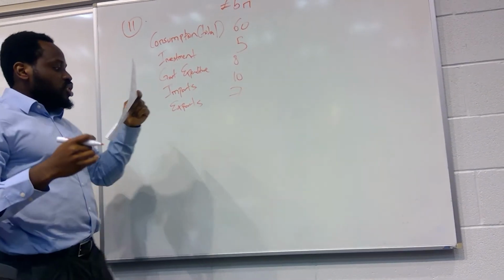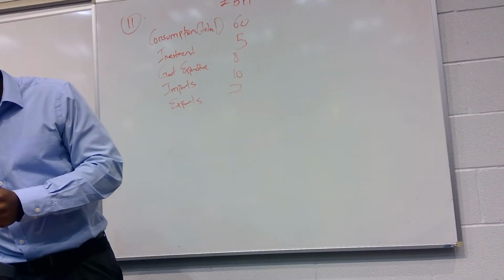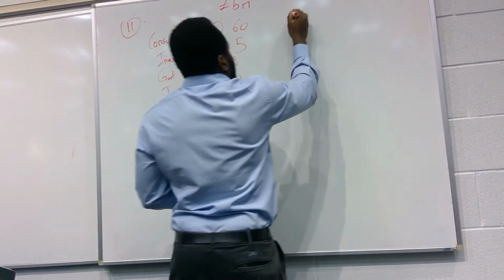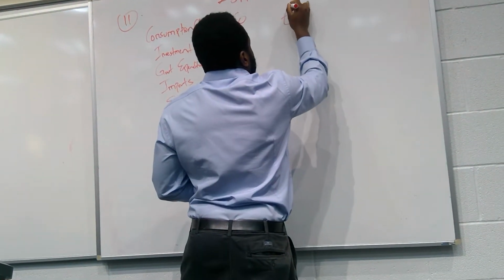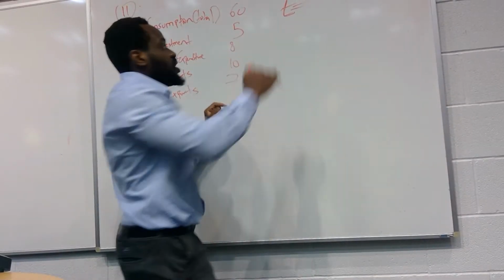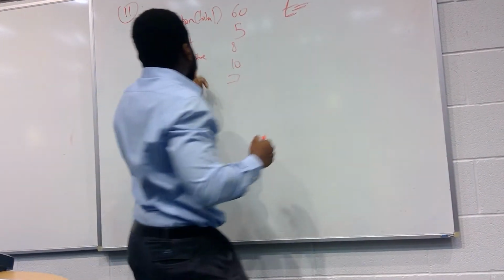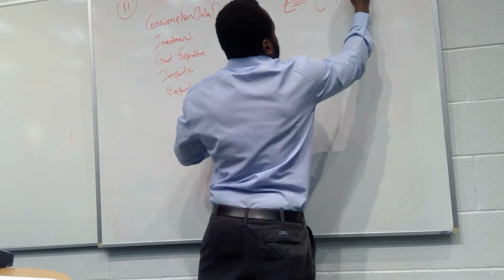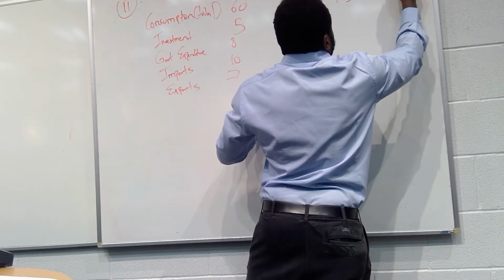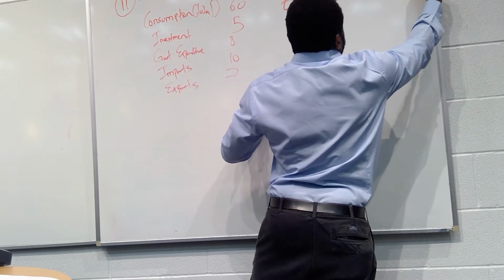All right, so the first question says, what is the equilibrium level of national income? So how do we calculate the equilibrium level of national income? So equilibrium level of national income, that's E. Is that clear for you to see? That's an E. Okay, E for Eminem. So we have consumption, that's C, plus investment, plus government expenditure, plus exports minus imports, okay?